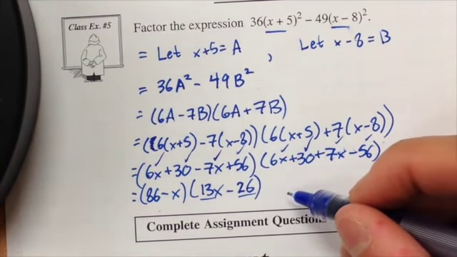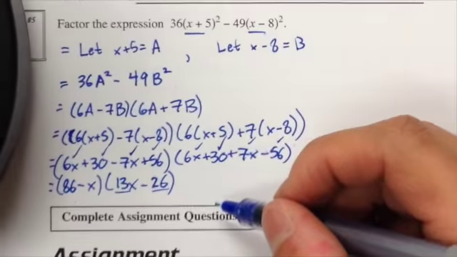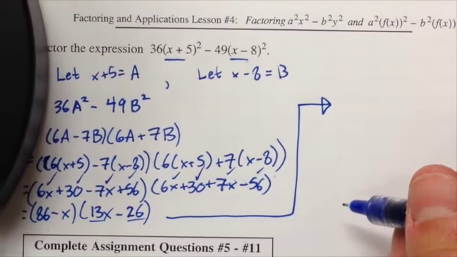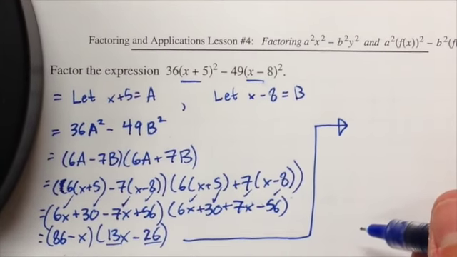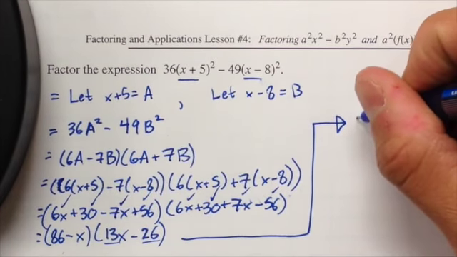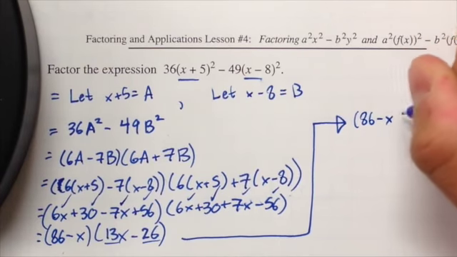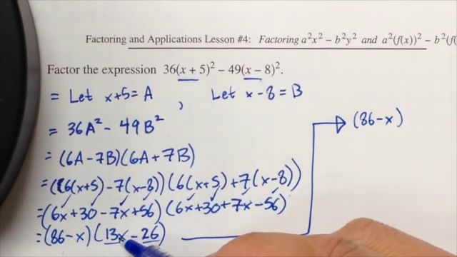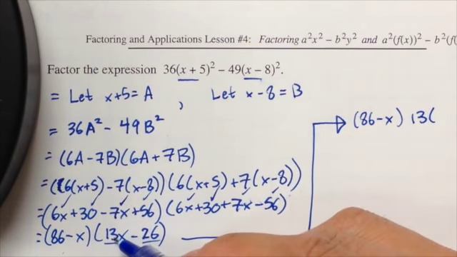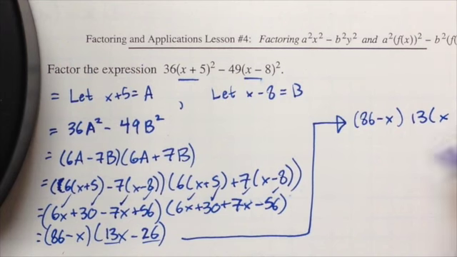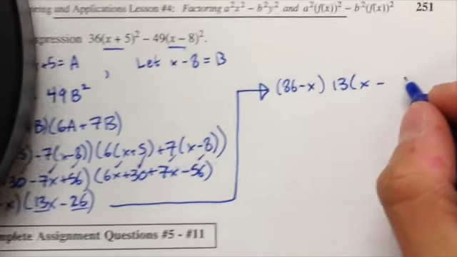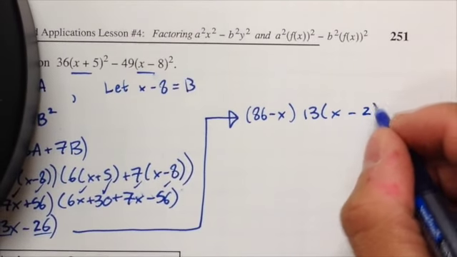So if I take 13 out of this expression, now 13 will be outside of the brackets. 13 out of 13x is just going to leave me with x. 13 out of 26 will be x minus 2.